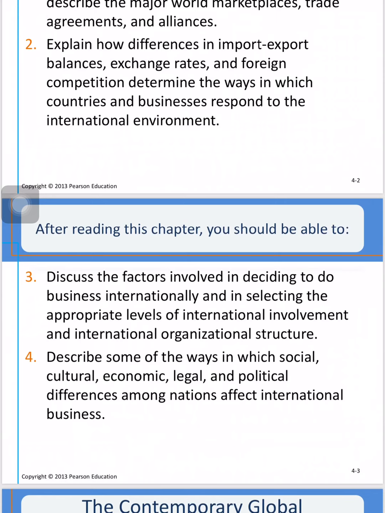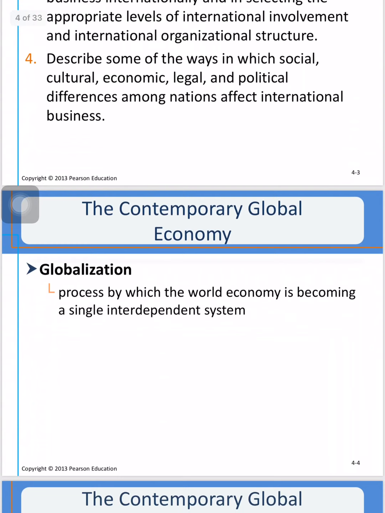Now I can start with the first slide, which is about globalization. The world economy is becoming a single interdependent system through a process of globalization. Globalization is when you are part of a single interdependent system, where you operate in the international system. For example, McDonald's is a company involved in globalization.